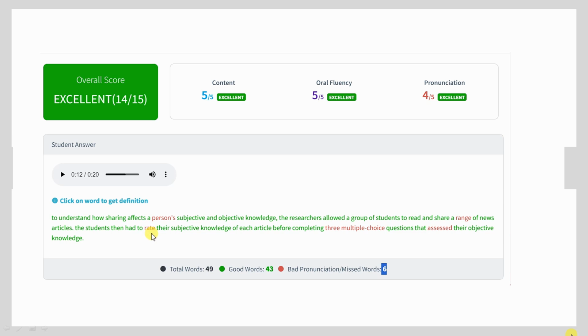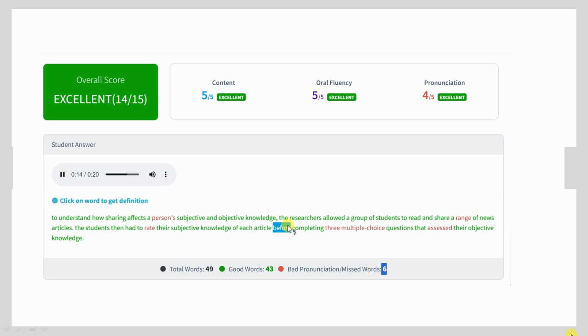Rate. Okay. Persons is clear for me. Range is also clear. Rate, here I am sounding a bit like rare or rade. Okay, listen again. "Then had to rate their subjective knowledge." Okay, the sound of T is not clear.